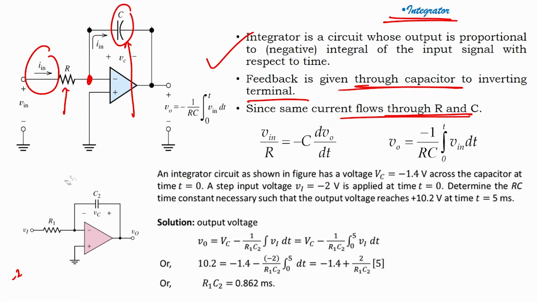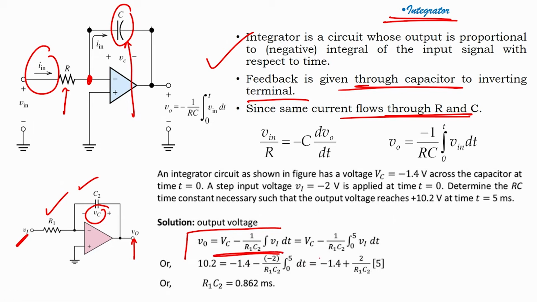To find the RC time constant, I know my formula for the integrator is VO equals Vc, minus 1 by R1C2 integrated over V1 dt.